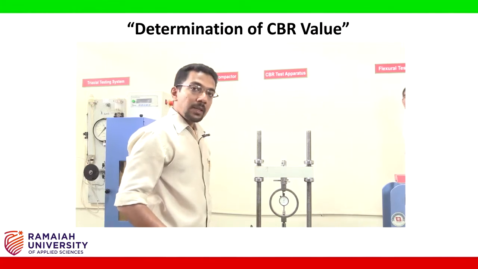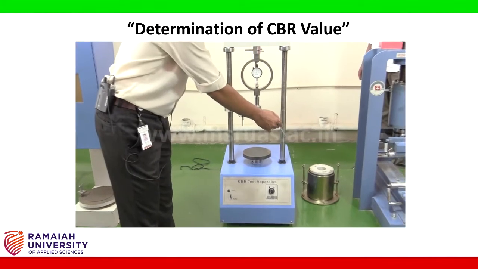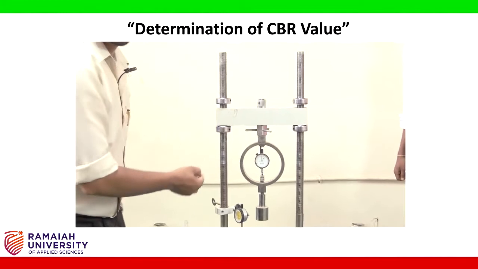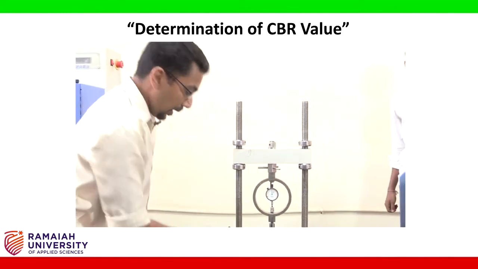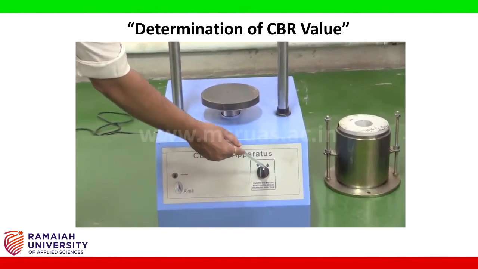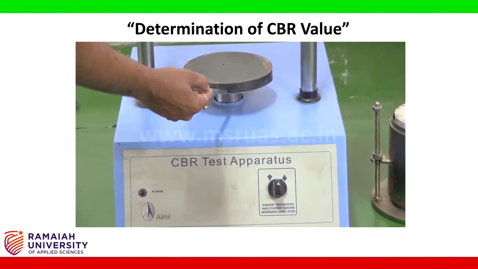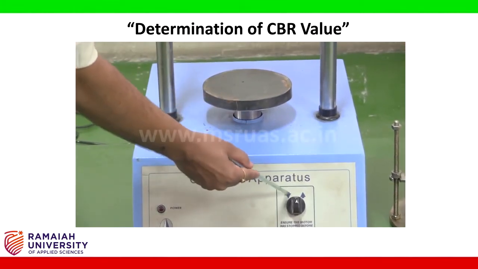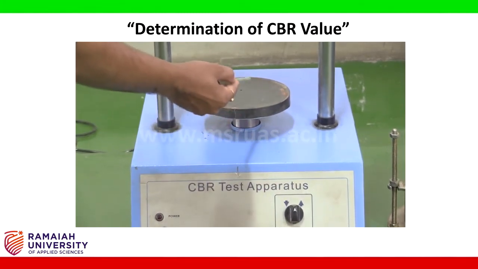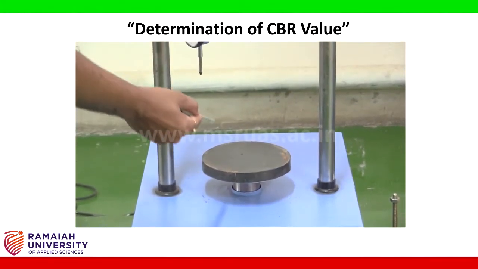We have now prepared the CBR specimen and it is being placed aside here. It is now time to understand the CBR test apparatus before we start with the experiment. This CBR test apparatus has a knob which, if turned to the left, lowers the base of the testing apparatus, and if the knob is turned to the right, it raises the base, thereby applying the pressure or the load on the specimen during the test process.